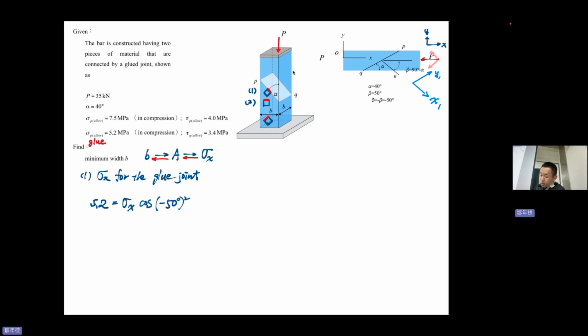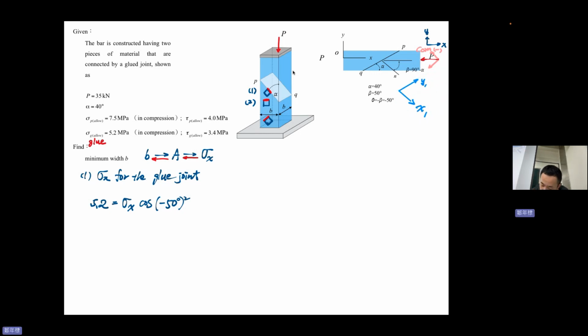Along X1 and Y1. So this one will be compression, and this is minus. And this shear, sorry, I should move a little bit.